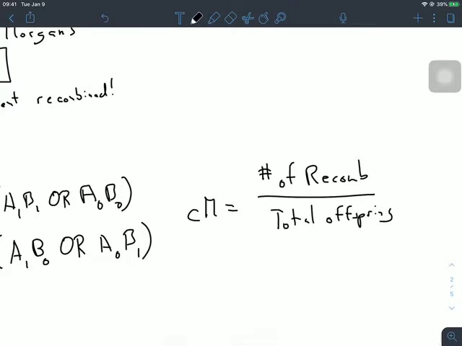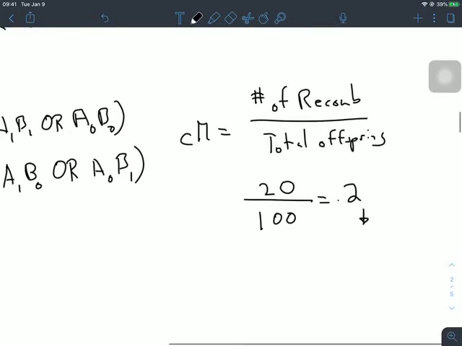Well, in this case, we had 20 recombinants over a total of 100, which gives us a recombination frequency of 0.2. Turning that into a percentage, we have 20% recombination frequency, therefore we have 20 centimorgans.